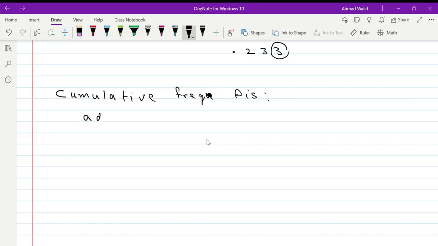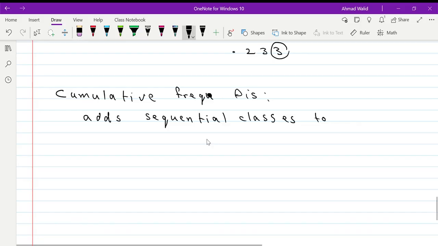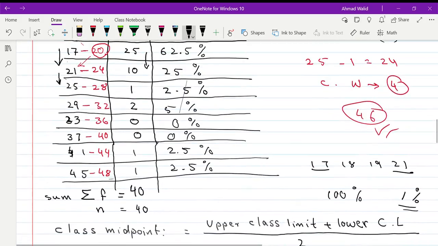Look, that's the meaning: it adds sequential classes together. I'll go back to the table.